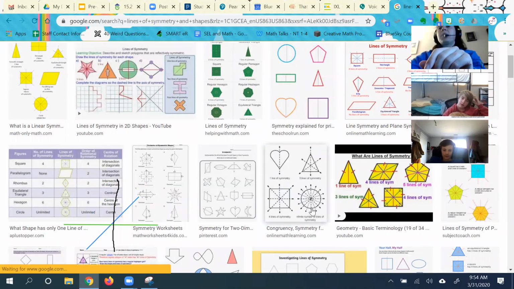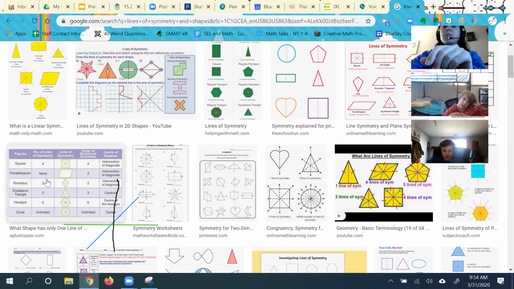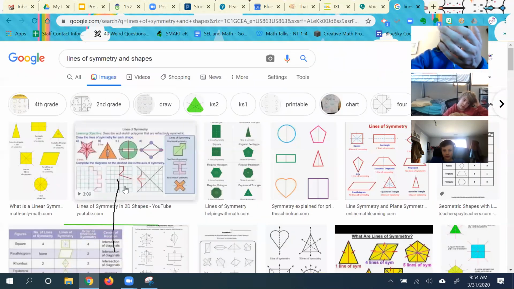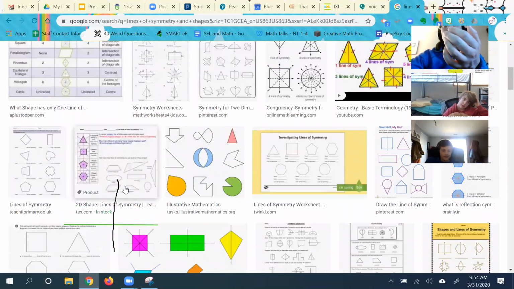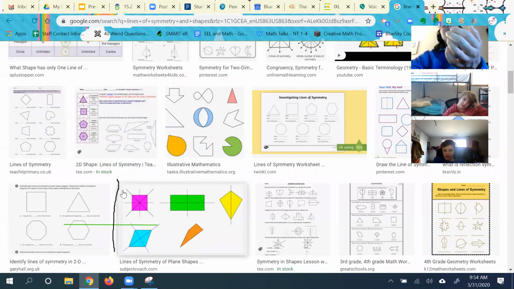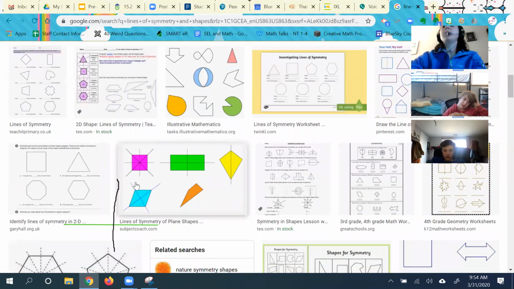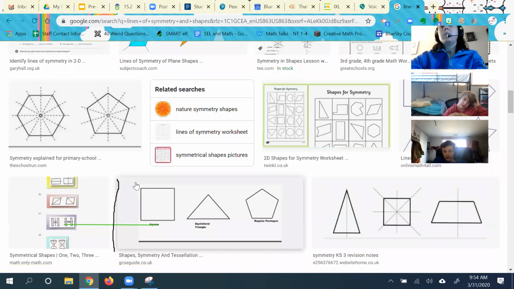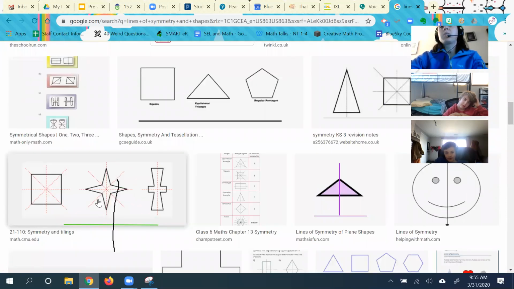Definitely with a circle, there's a lot. Shows you different charts, hexagons, octagons. They're going to have a lot of lines of symmetry. A star, that's kind of a classic one. So it really just depends on the edge. And if the edge has a matching edge to match up with. So there's kind of a star.